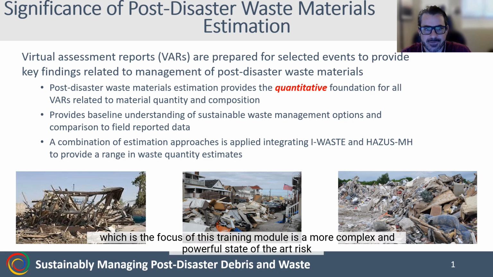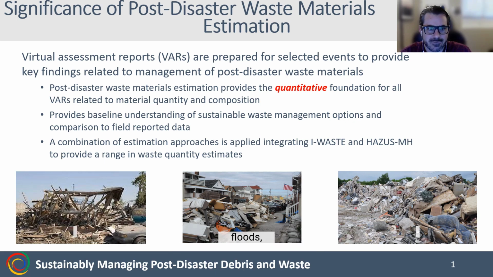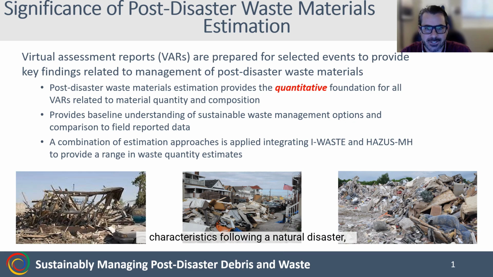HAZUS-MH, which is the focus of this training module, is a more complex and powerful state-of-the-art risk assessment software program developed and maintained by FEMA for analyzing losses from floods, hurricanes, earthquakes, and tsunamis. Together, these tools can provide lower and upper predictive certainty bounds for the debris characteristics following a natural disaster, including, for example, the weight, composition, and spatial location.